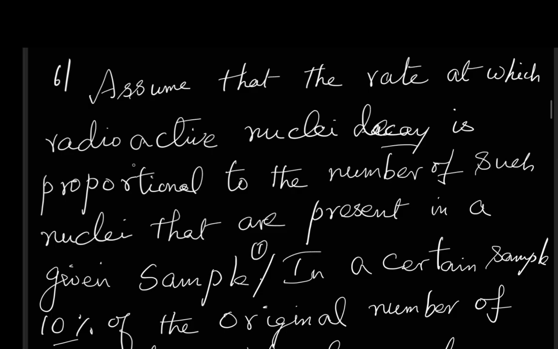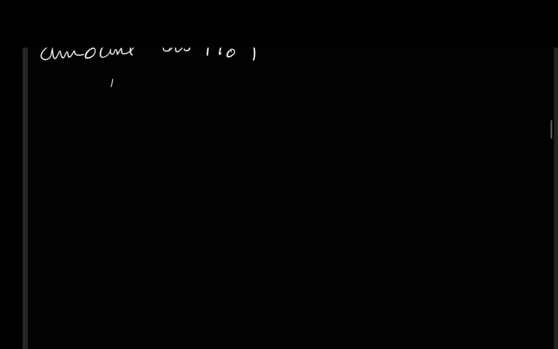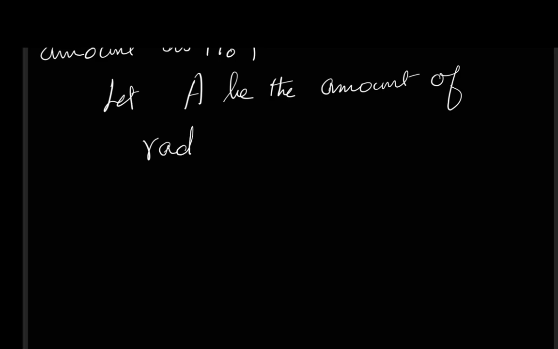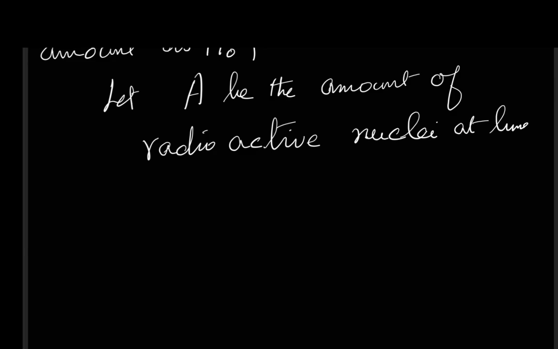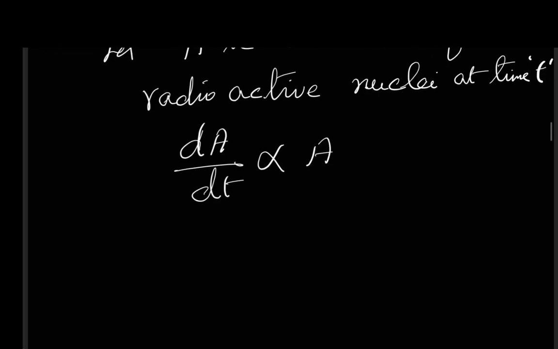Let A be the amount of radioactive nuclei at time t. The rate of change of the radioactive nuclei is proportional to the amount at time t.